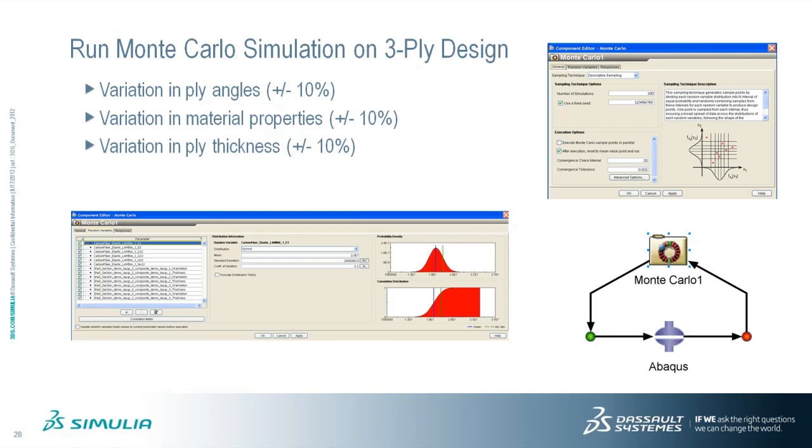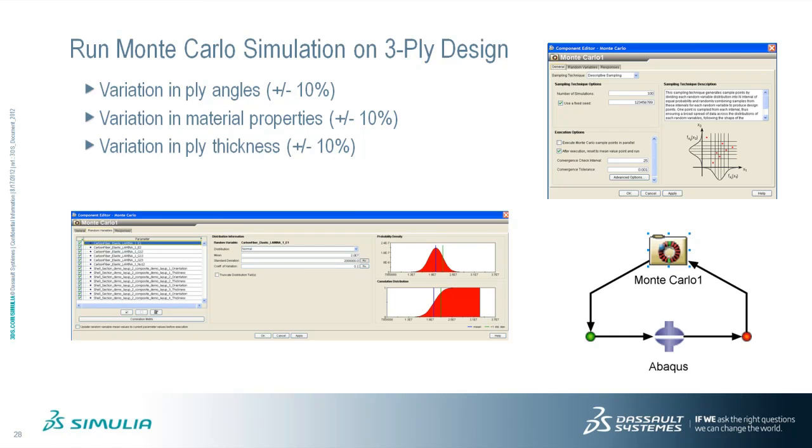We're also going to introduce variation in the material properties. Maybe we don't know exactly what our material properties are going to be, so we're going to introduce a variability of plus minus 10%. We're also going to introduce a variation in ply thickness. Depending on how we lay this up, how we vacuum bag it, the ambient temperature that day, or the humidity that day, we're going to have some variation in our process of curing, and we're going to account for that by a variation in the actual ply thickness.